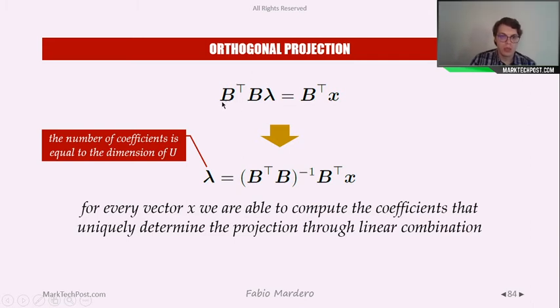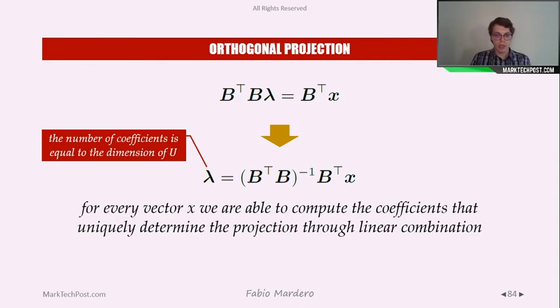Since this is an invertible square matrix, we can take the inverse of this matrix and finally express the lambda vector.